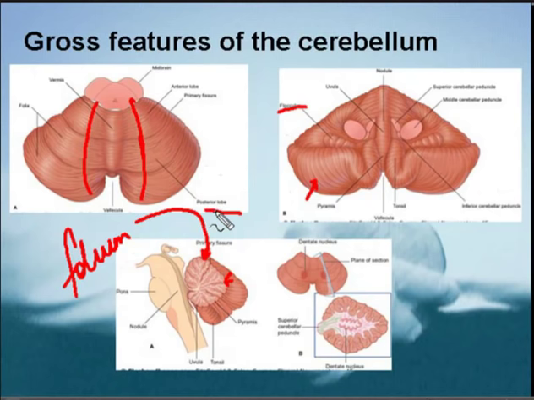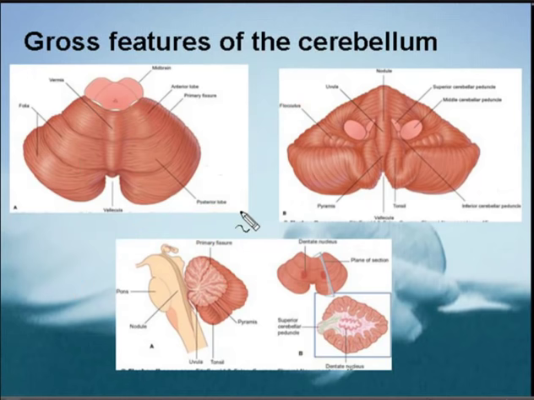So we have the floccular nodular lobe, which is connected to the vestibular apparatus. That's the oldest part. The next, which is connected to the spinal cord, really lies laterally, but it's represented mainly by this anterior lobe. So that's the intermediate developmentally. And then the posterior lobe, which connects to the cerebral cortex and is also known as the neocerebellum. This is the most recent part.